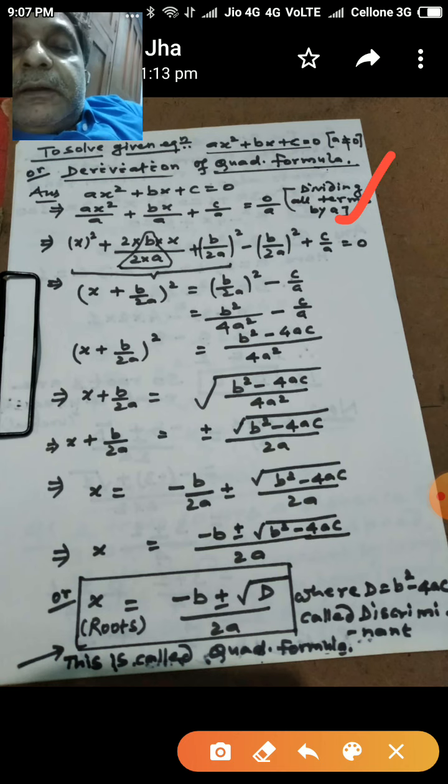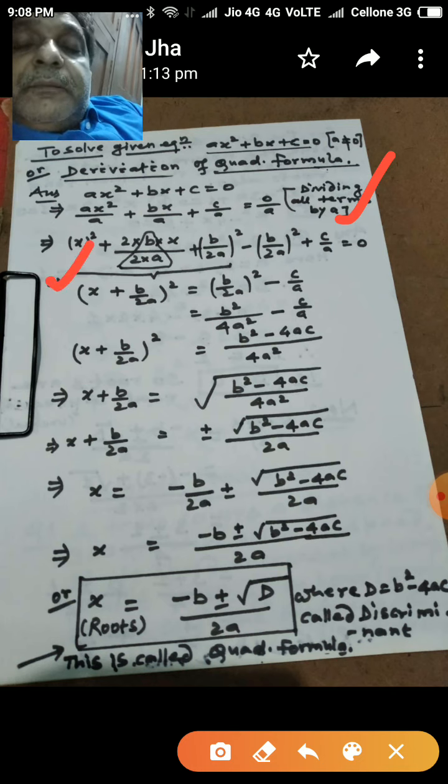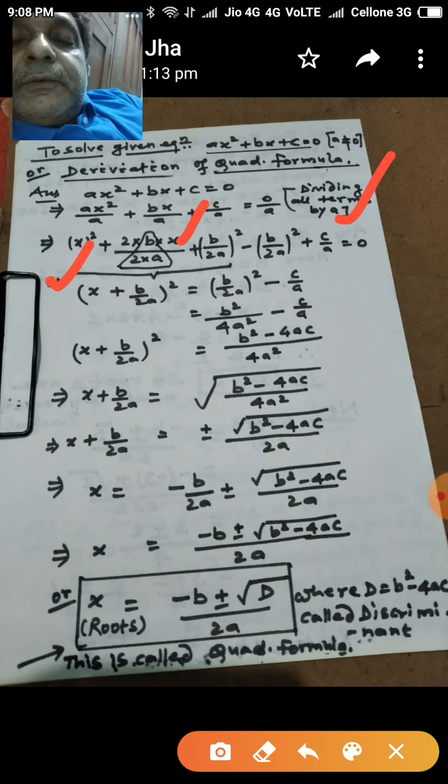Now cancelling a in the first term, it is now x square, and we multiply numerator and denominator both of the second term, bx by a, by 2. Then we take the terms b by 2a, leaving 2 and x. We will take the remaining, that is b by 2a.